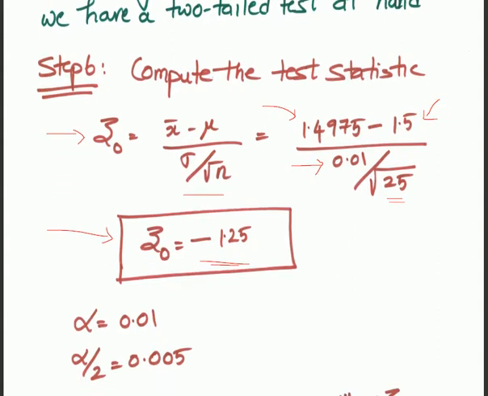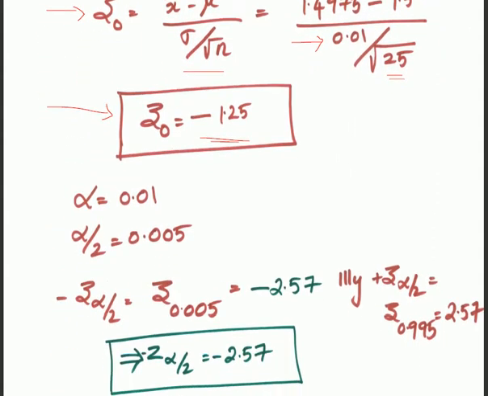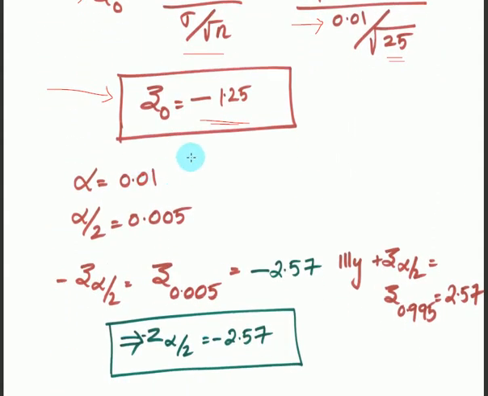And we are given here that alpha equals 0.01, but we want to look at alpha over 2 because it's a two-tailed test. So alpha over 2 is 0.005. So negative z alpha over 2 is z of 0.005, and if you look in your z tables, that value will be negative 2.57, which means the z-score of negative 2.57 gives you a probability of 0.005.